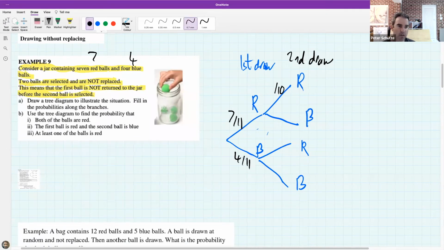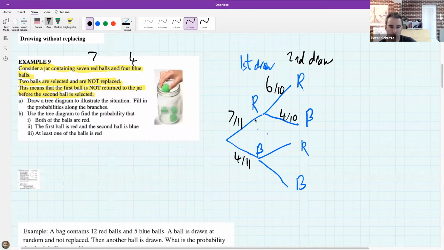This is going to be 6 out of 10. Now, if we look at the other branch below the red, there's still going to be 10 items left in the pot for the second draw. But how many blue ones? Because you didn't choose a blue in your first go, this is still going to be 4 out of 10. And you'll notice that 6 out of 10 and 4 out of 10 still gives you 1.